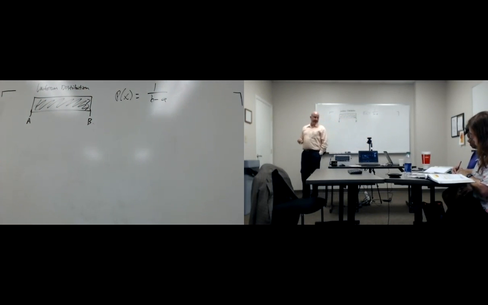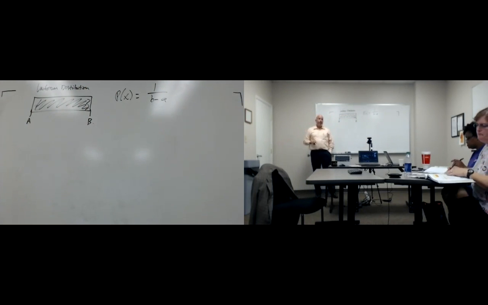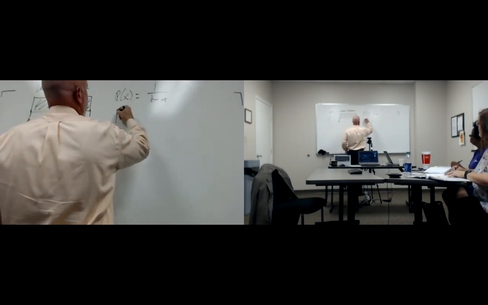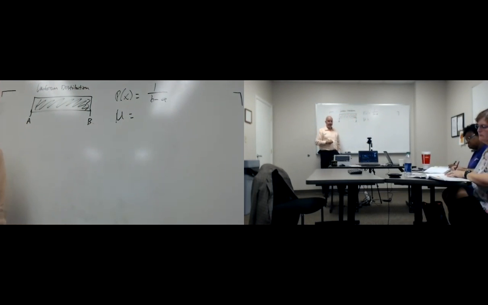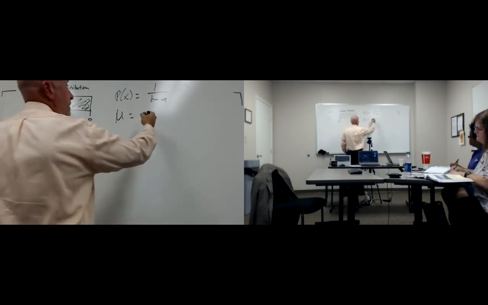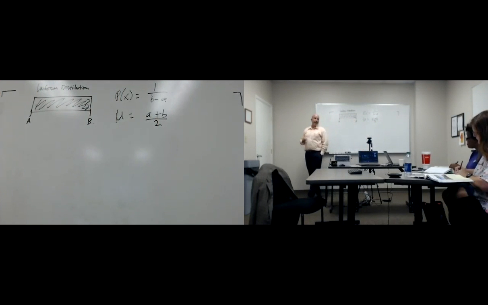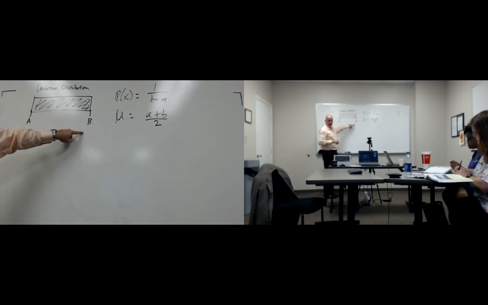Our probability would be 1 over B minus A. We just define B minus A, your maximum and minimum values. The mean of the uniform distribution is A plus B divided by 2, minimum to maximum divided by 2.